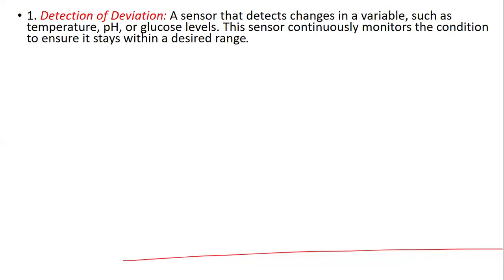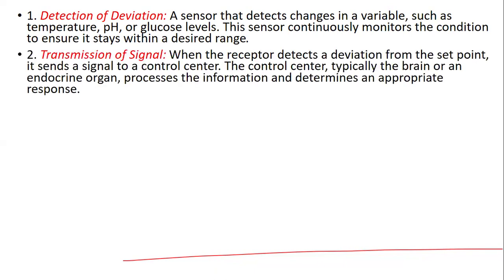Then we also have the transmission of the signal. The receptor detects that deviation from the set point and sends a signal to the control center, which is usually the brain or an endocrine organ. That information is processed, and the appropriate response is determined.